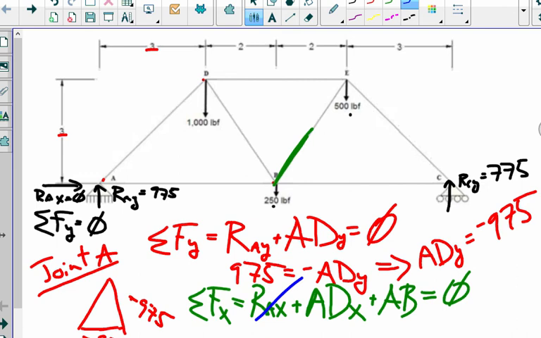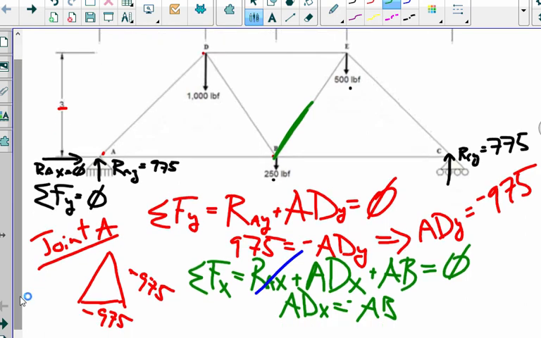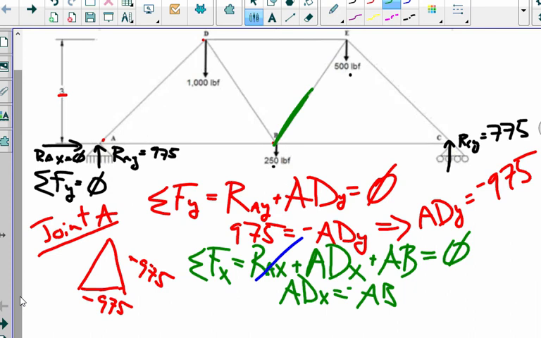So far, so good? So that means if we do our algebra, we have ADX is equal to a minus AB. Okay? I'm going to scroll this down a little bit. So then I know that ADX is equal to negative 975.